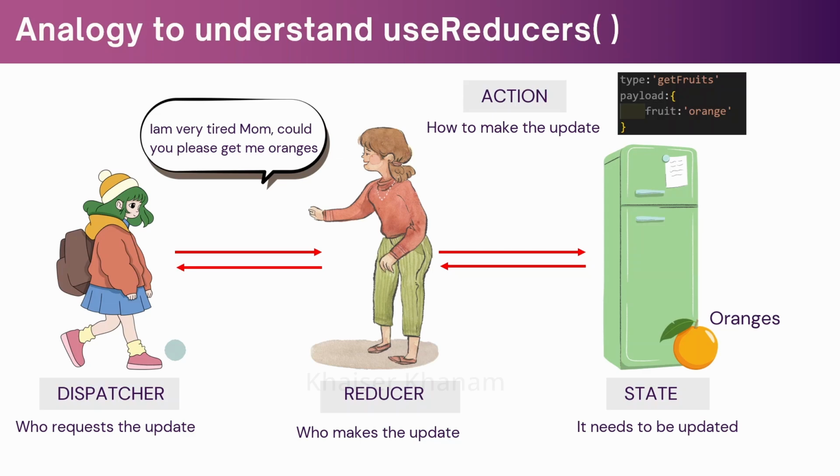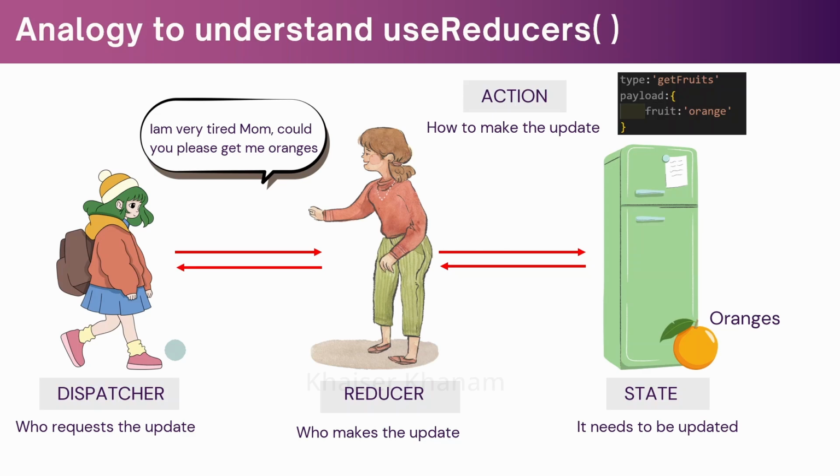So that is the reason the fridge is our state. And you are passing that request to mom. So mom is the reducer who is going to make that actual update. And how is she going to make that update? Because we have given her a clear request message, and that message is nothing but an action using which you are telling how to update the state.